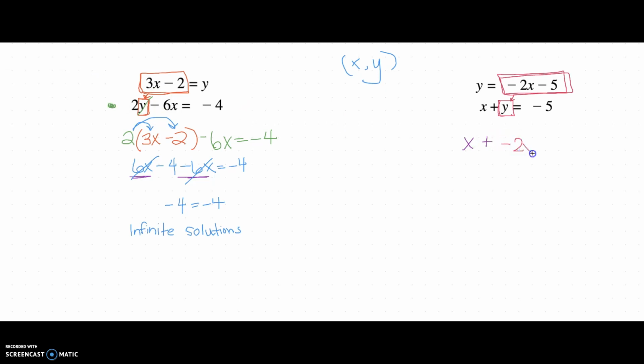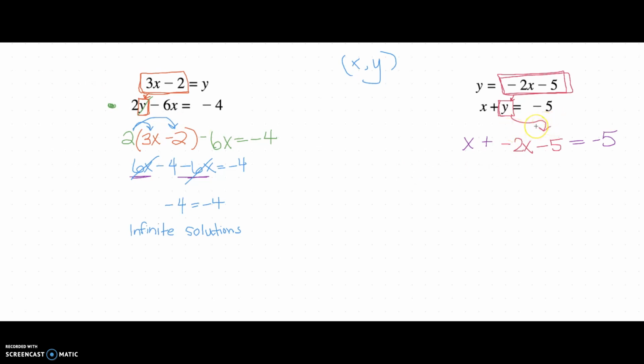So I have negative 2x minus 5. And then I still have that equals negative 5 from my purple equation. So this y became this negative 2x minus 5 part.